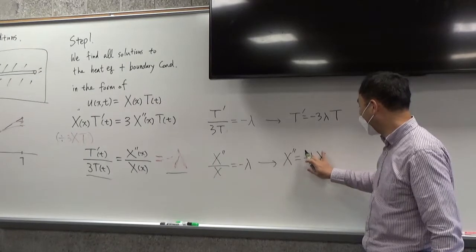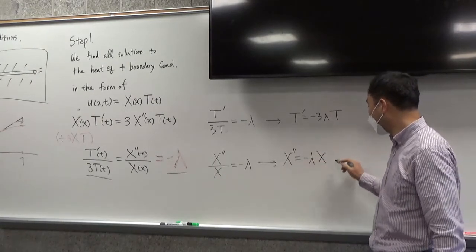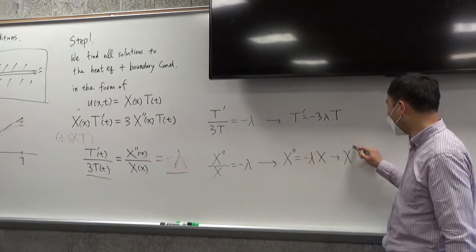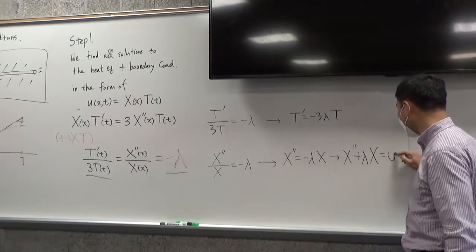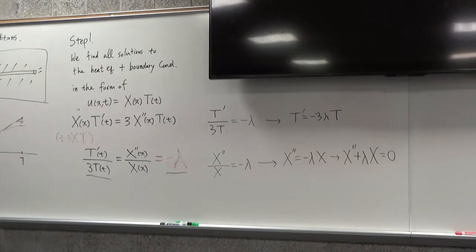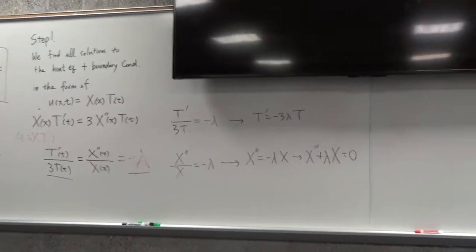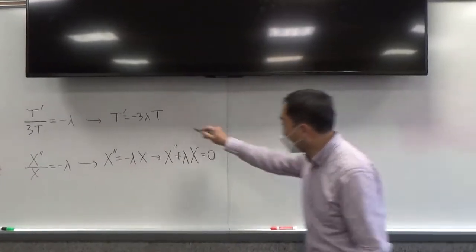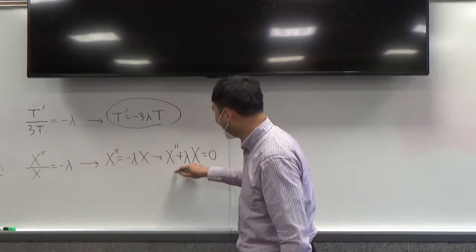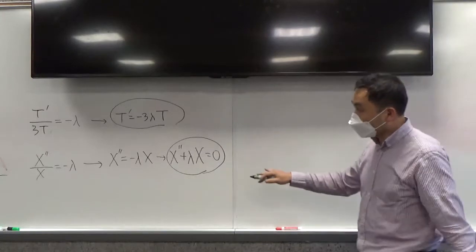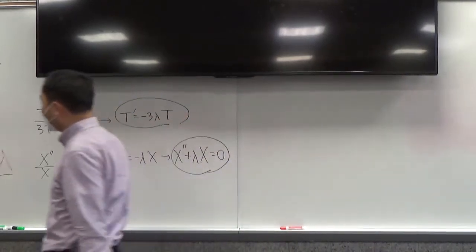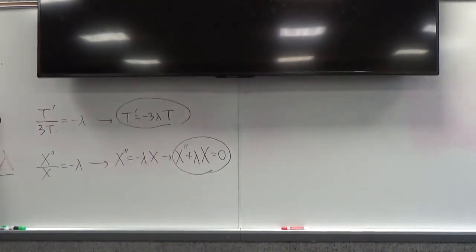And then you add lambda x to both sides, and you get x double prime plus lambda x equal to 0. So you get two equations, one equation here, another equation here. Okay, so let's stop here. That's how much we can extract by plugging this ansatz into the very first heat equation.